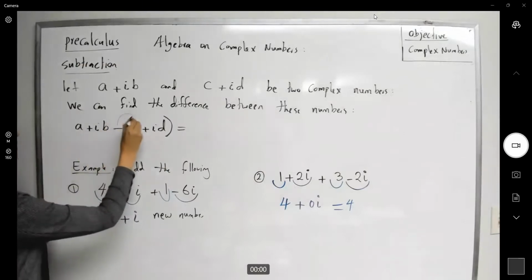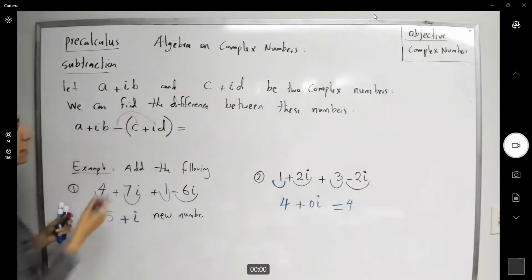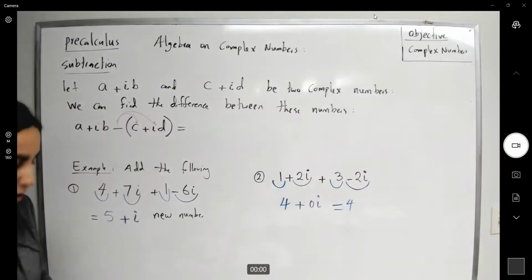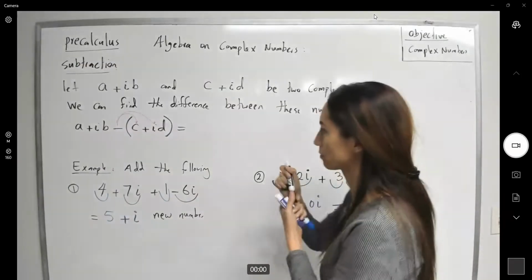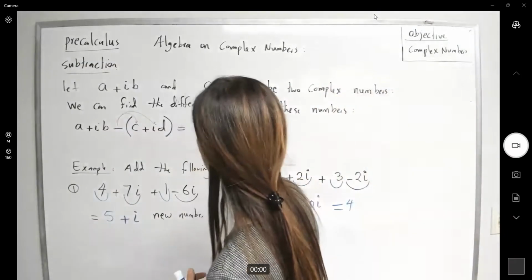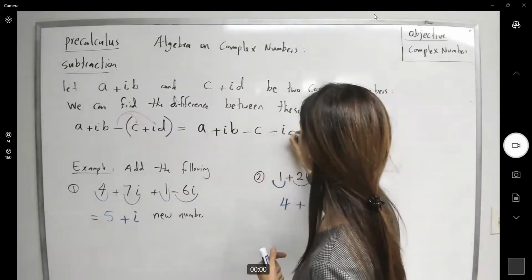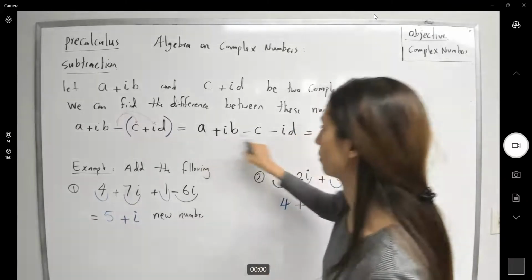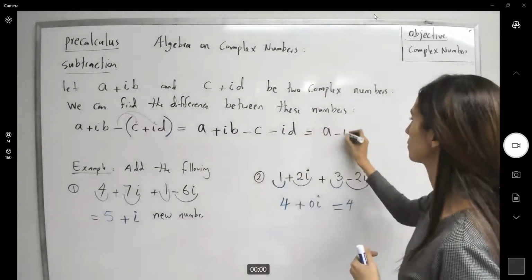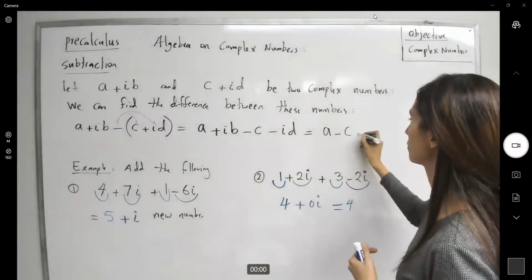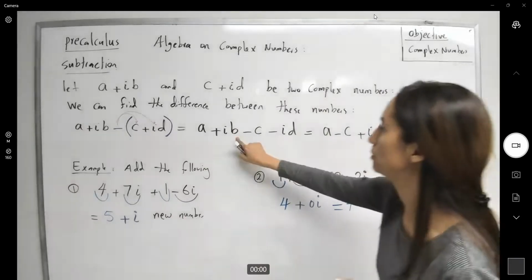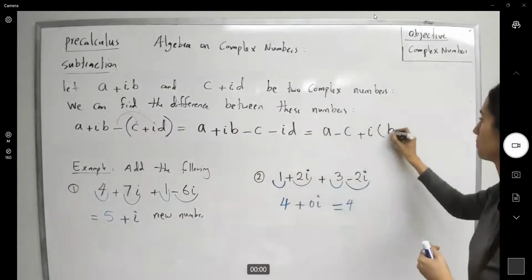So minus (C plus iD), which is equal to A plus iB minus C minus iD, can be written as A minus C plus i(B minus D).